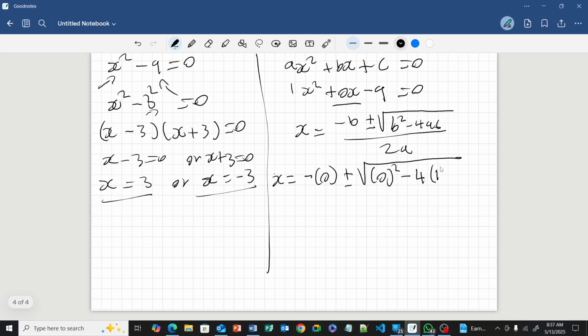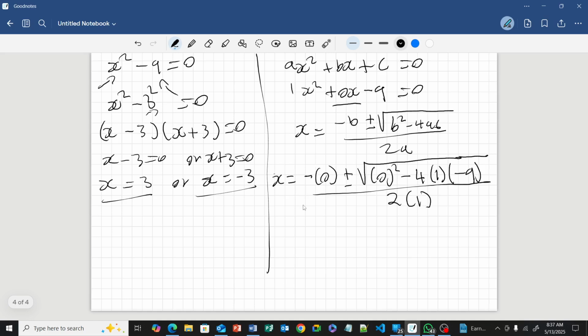A is 1, c is minus 9, divided by 2 times the value of a. So you simply press this on a calculator.